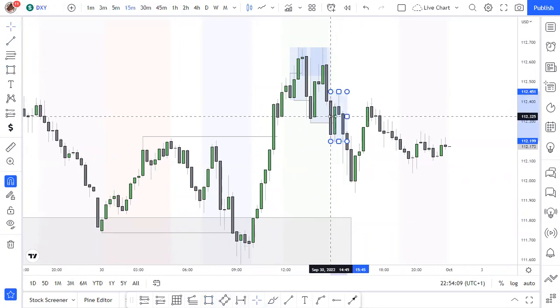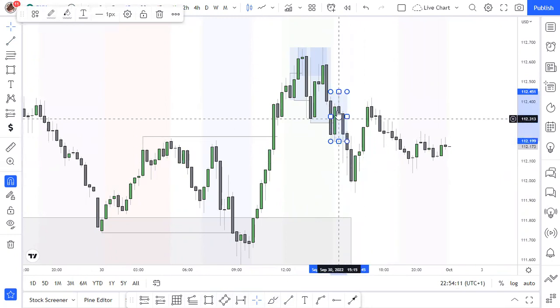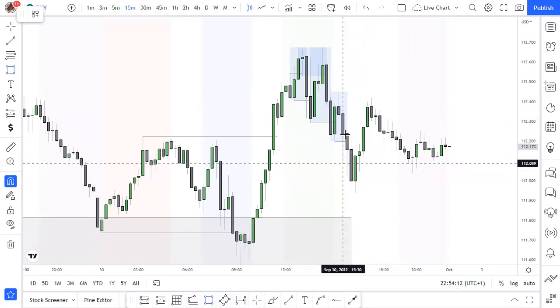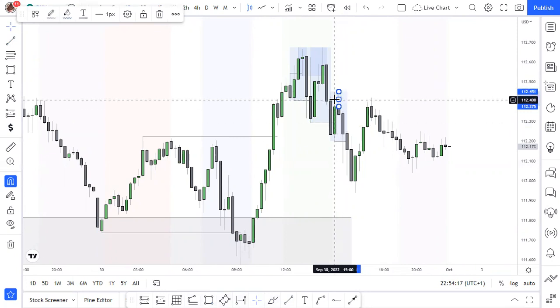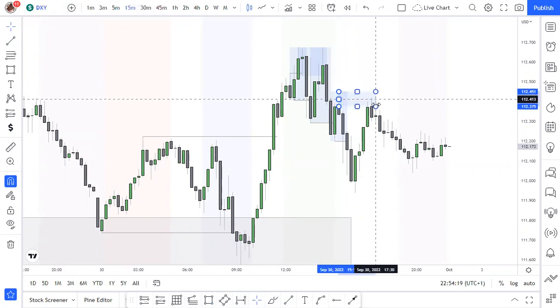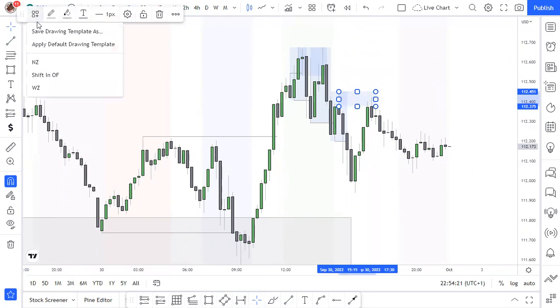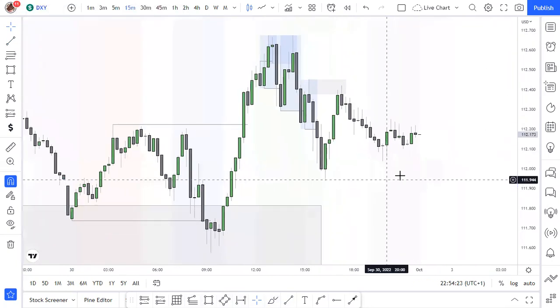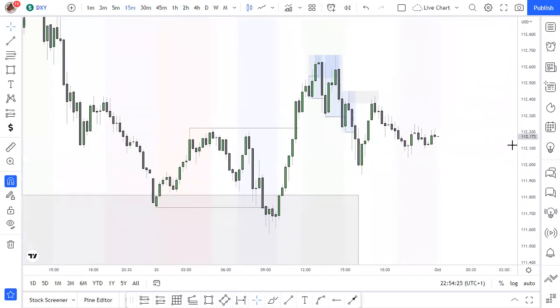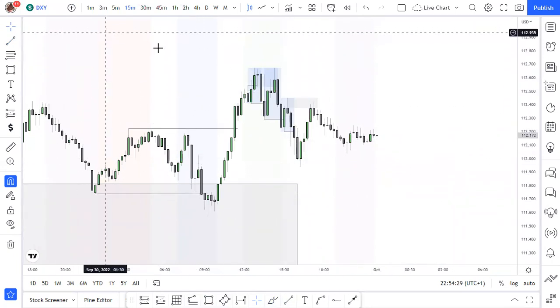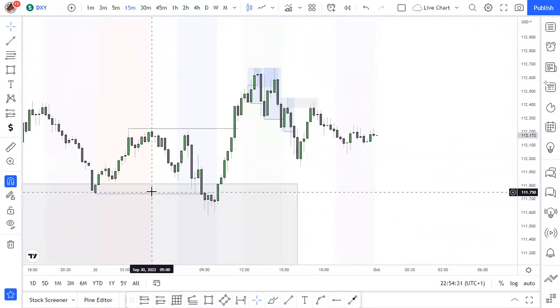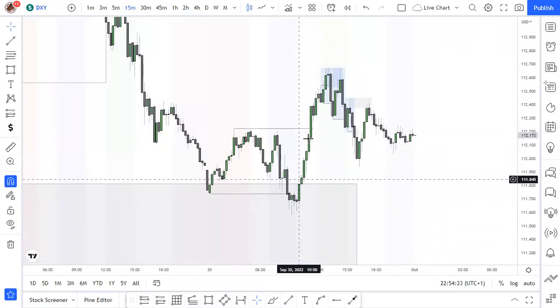Price is within this last supply range, and we just tapped into, let me just use the extreme way, we just tapped into this supply zone here, and price is still very much bearish. The order flow here on the dollar index is still bearish, but the structure is bullish.